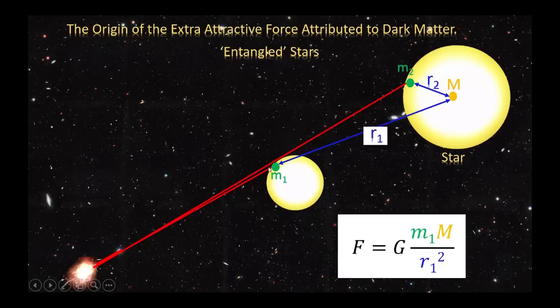But we know that the atoms are in an entangled state. They exist within the same wormhole, resulting in zero distance between them. Therefore, we need to calculate with R2 instead of using R1, which is much smaller, significantly increasing the attractive force between them. Consequently, the stars attract each other with greater force, so we may call them entangled stars. Only the plasma of stars is capable of conserving a state of entanglement between them for a very long period of time.